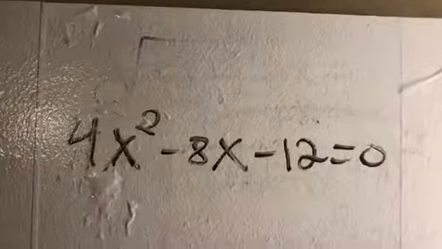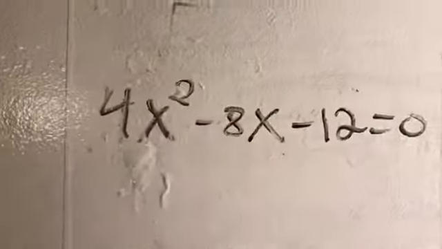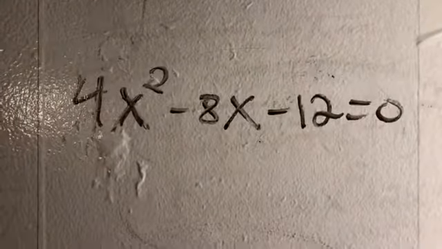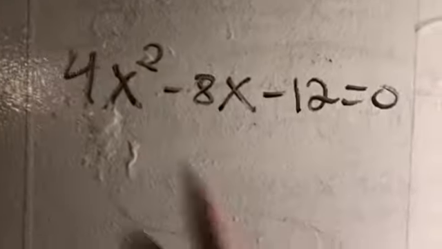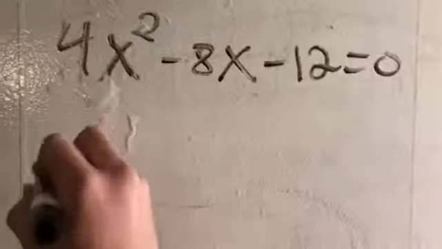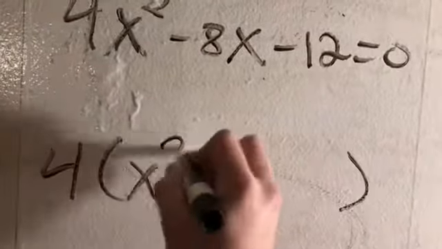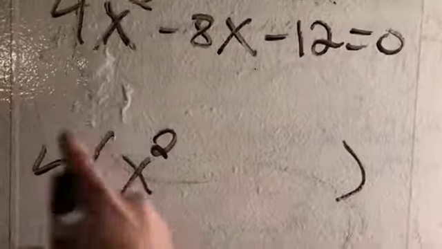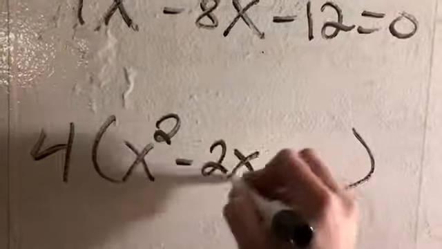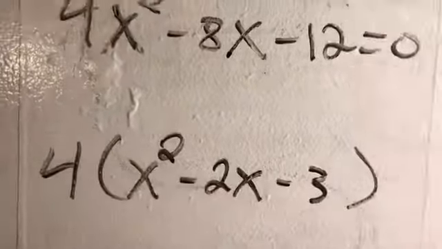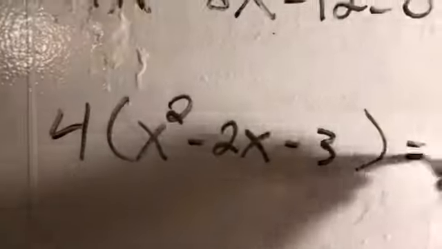So once again, you're being asked to solve. I see x squared and x, so this is quadratic. One side's already equal to 0, so I can start trying to factor. I see a number with x squared, so I need to try and factor out that GCF. 4 times x squared gets us 4x squared. 4 times -2x gets us back to -8x. 4 times -3 gets us back to -12.